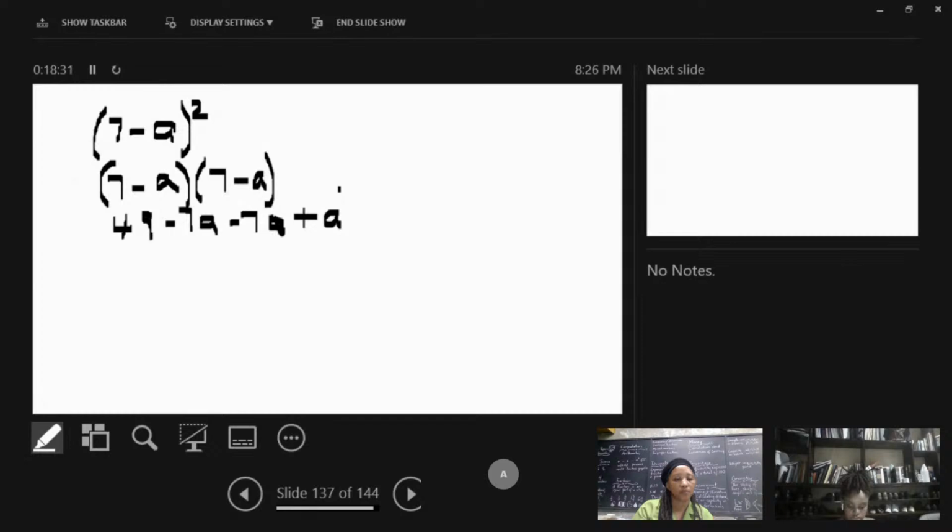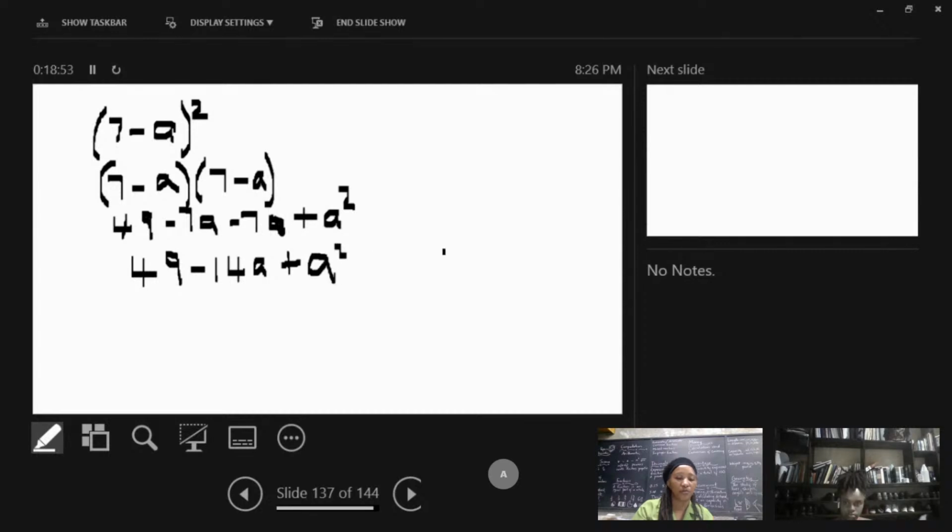So now we're going to simplify it further. So 49 minus 14a plus a squared.